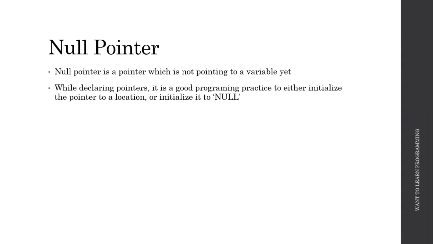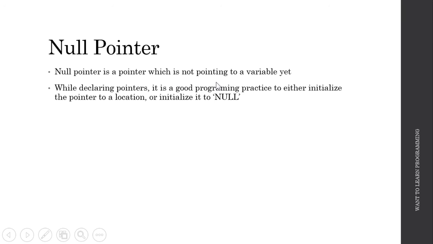While declaring pointers, it is good programming practice to either initialize the pointer to a location, like in the previous program where we initialized it to ampersand i while declaring it, or to initialize it to null. If you don't initialize the pointer to a location or to null, then it might cause some problems for your program.